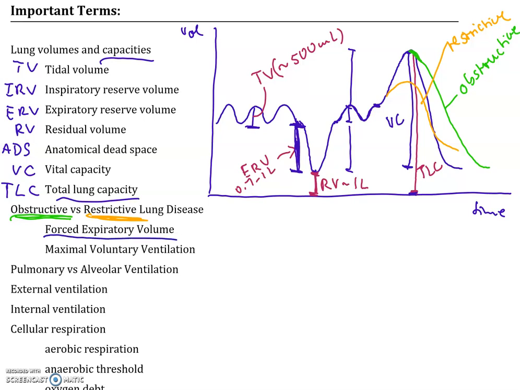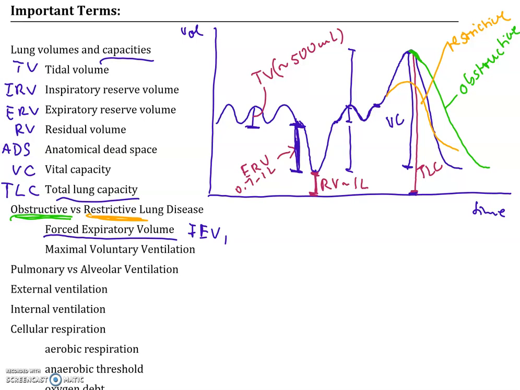And that is usually measured as the forced expiratory volume, and it's basically the FEV1. That means the forced expiratory volume after 1 second. It's usually a good measure for obstructive lung disease because it will take the person longer to breathe out.